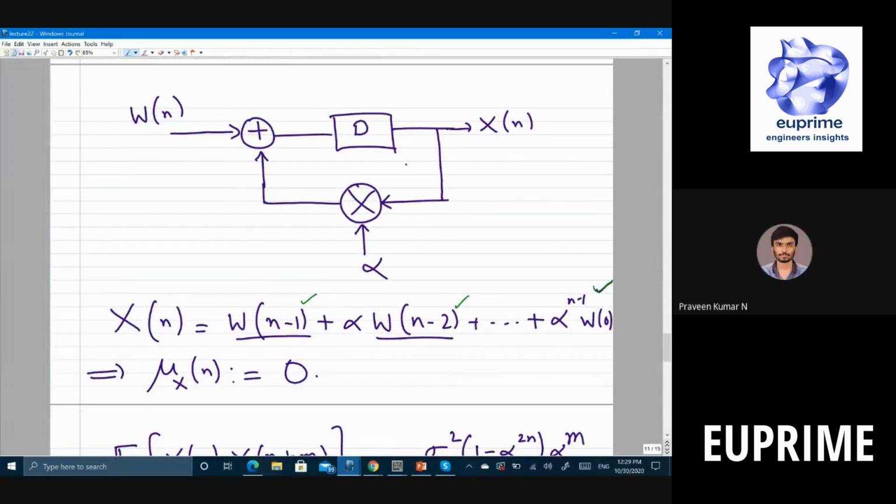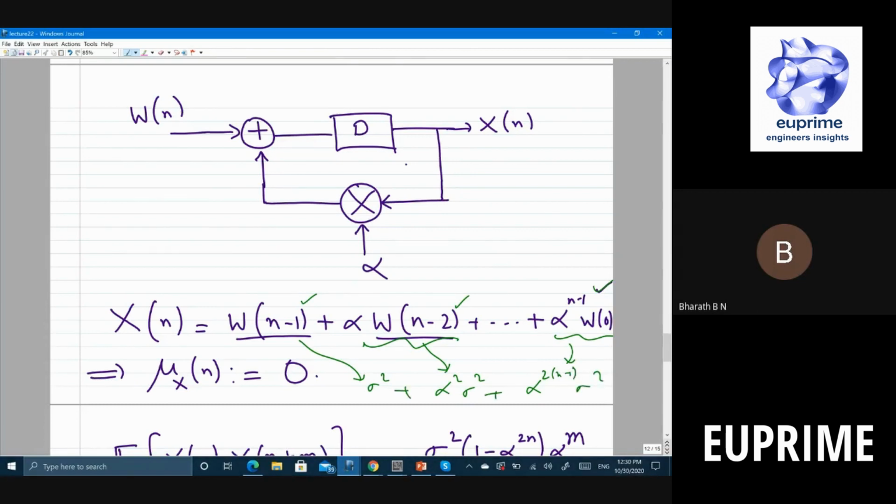Sir, here we can use the fact that since W of n minus 1 and n minus 2 are independent, we know that the variance of a sum of independent random variables is the sum of the variances. Yes, we could have used it directly here. The variance of the sum is nothing but the sum of the variances. So this will give me sigma squared. This whole thing will give me alpha squared sigma squared, and this will give me alpha power 2 times n minus 1 sigma squared. So when you add them, you get that expression.